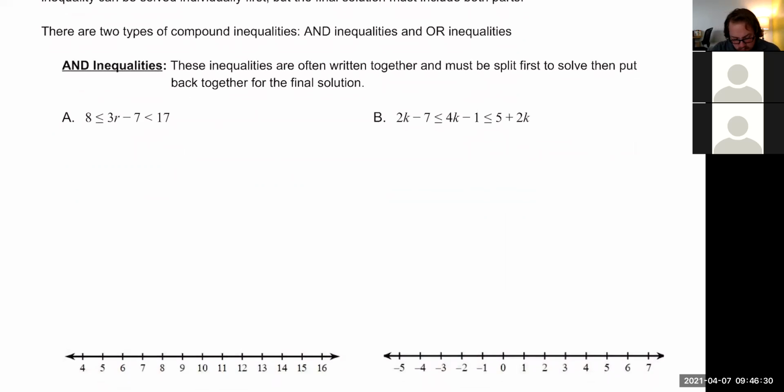So right off the bat, we're going to start with the harder of the two examples, or of the four examples, I should say, and that is these and inequalities. Typically, when you are presented with an and compound inequality, they're going to be written together, smushed together to appear like they're just one problem. And what we have to do first is split them into the two separate problems that are hiding there, and then solve them, and at the very end, slide them back together again.